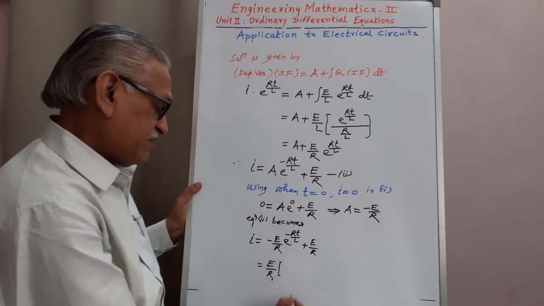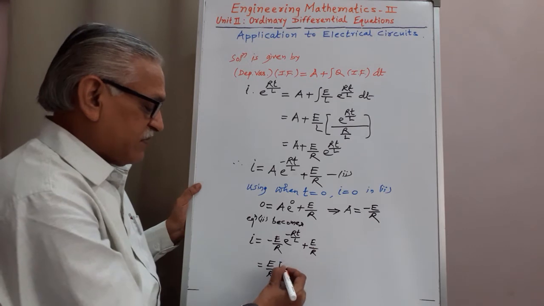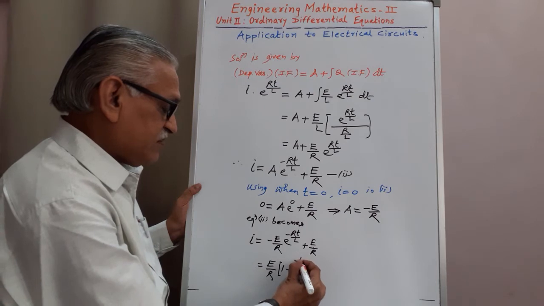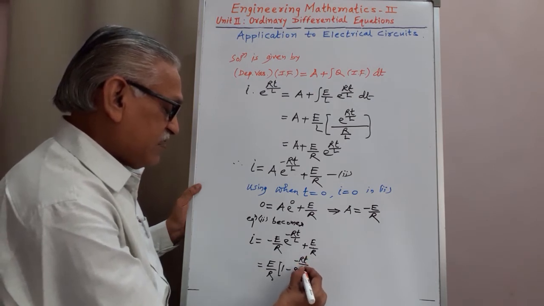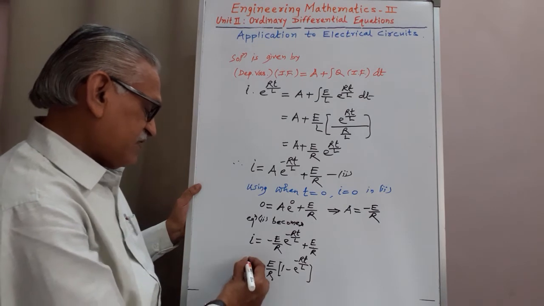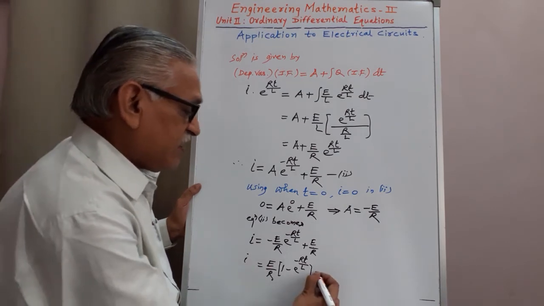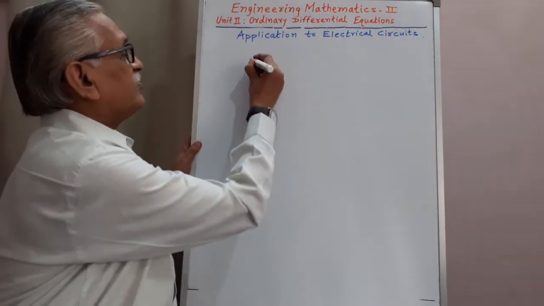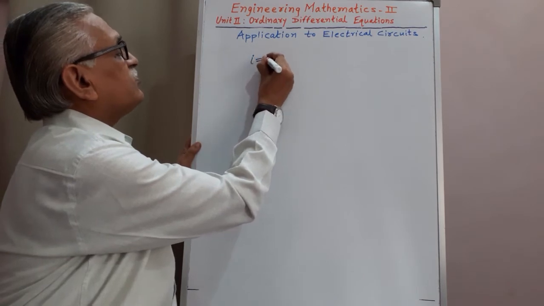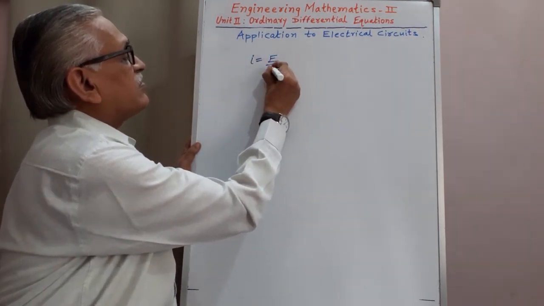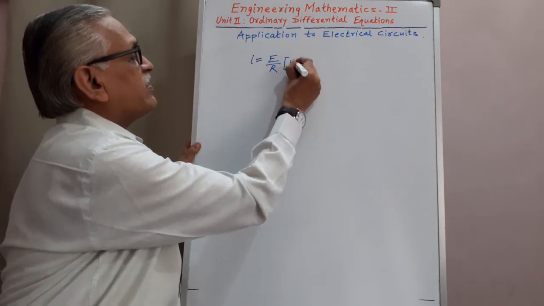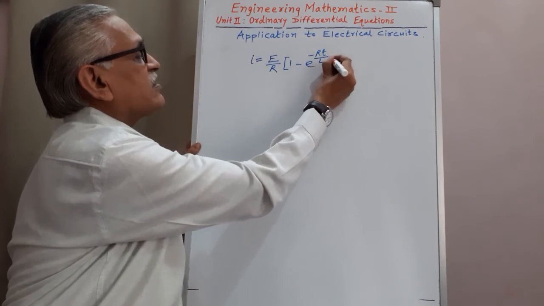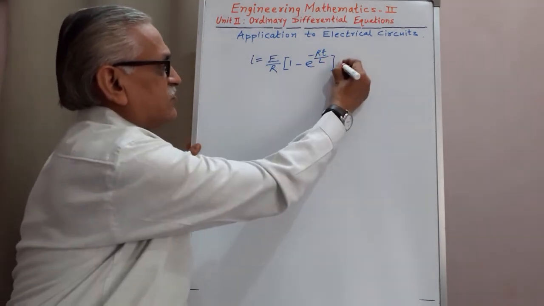We get the remaining terms as 1 minus e raised to minus RT by L as the expression for current I. We call this equation 3. We have I is equal to E by R into 1 minus e raised to minus RT divided by L, equation number 3.